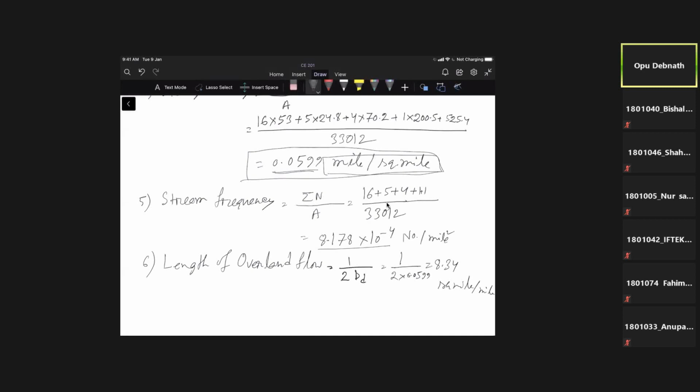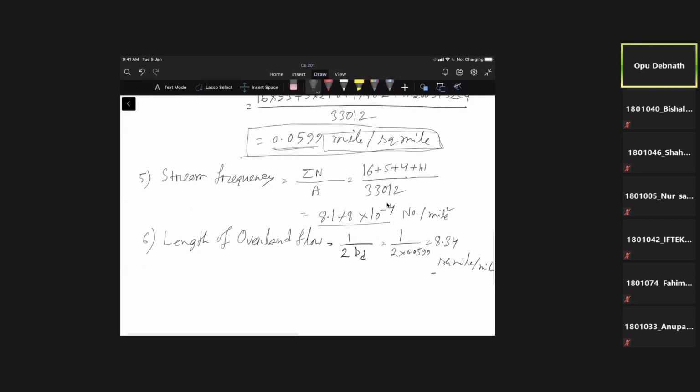What is the significance of this unit? Square mile per mile means 8.34 square mile of land area is covered by overland flow.